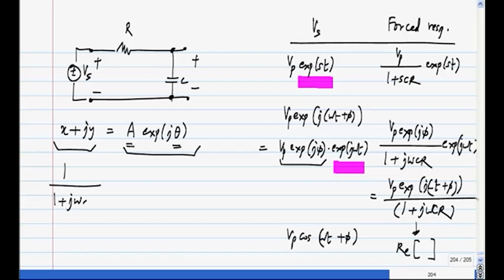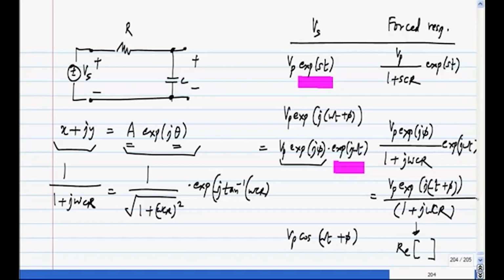So if I use the polar form here, what do I have? 1 by 1 plus j omega CR. What is the amplitude of this? That is the amplitude, and the argument is minus tan inverse omega CR.